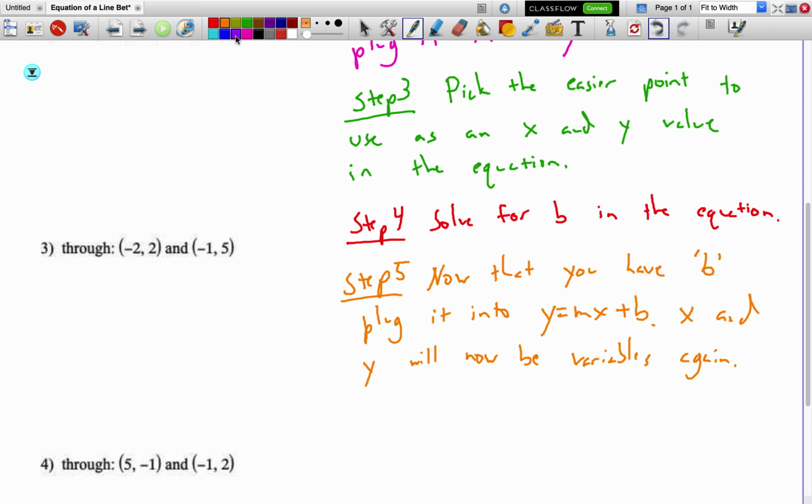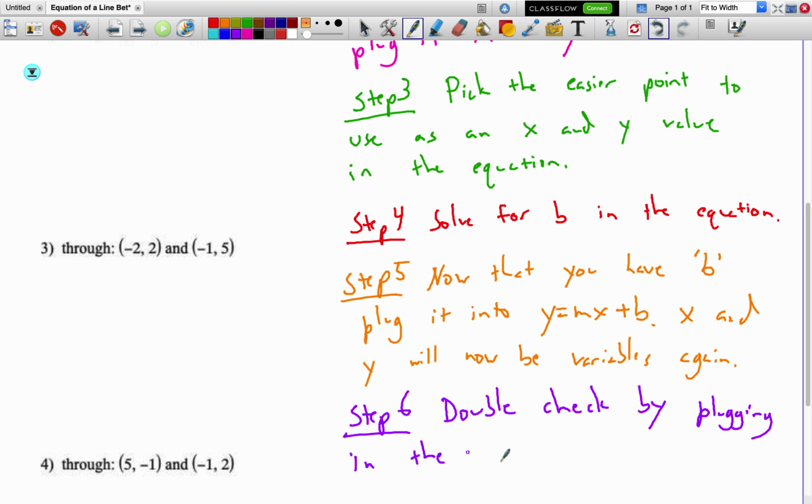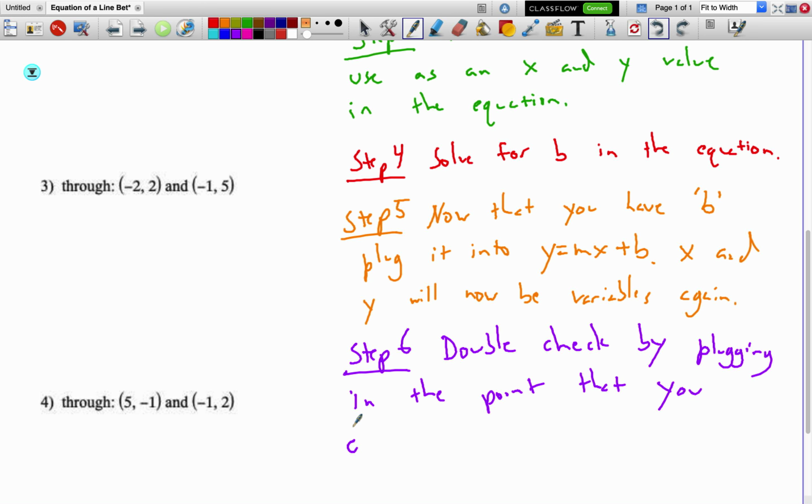All right, and there's a really great way to double check that you've done this all right. And so we'll double check in step 6. You double check by plugging in the point that you didn't use in step 3.